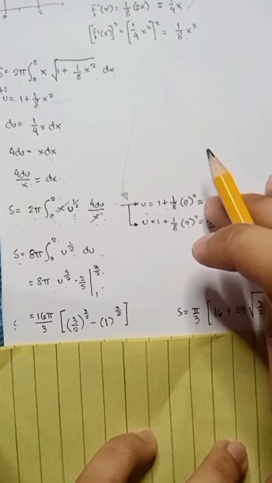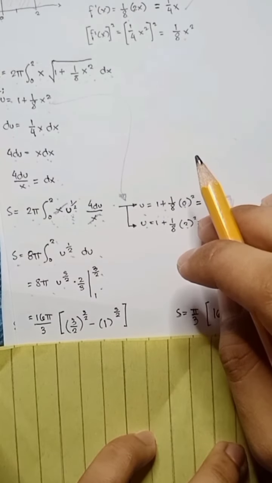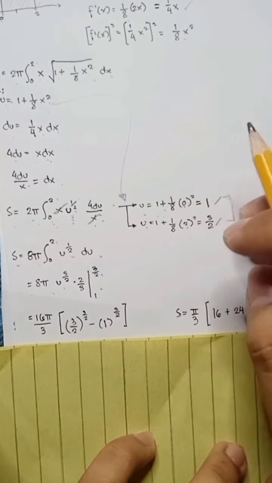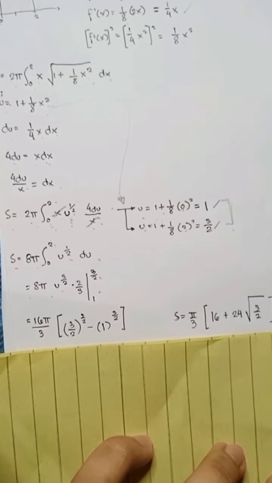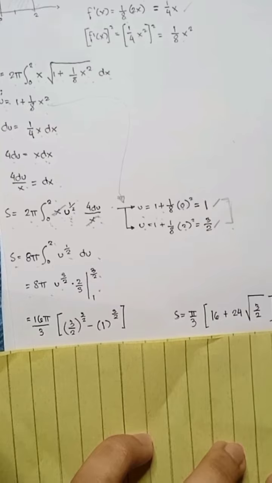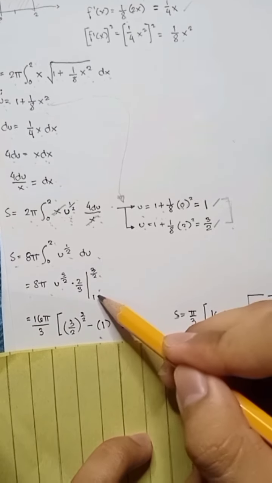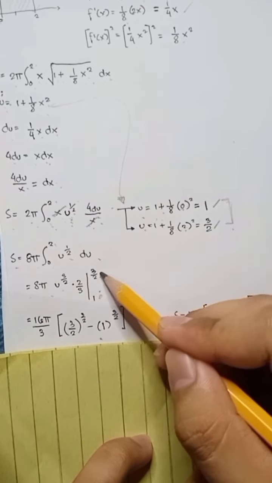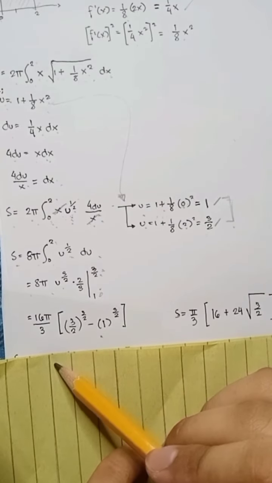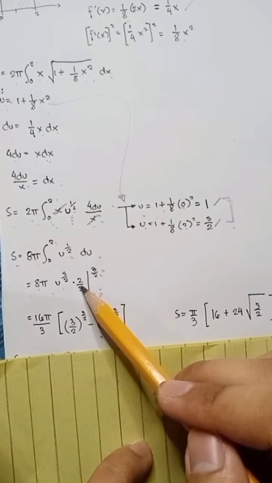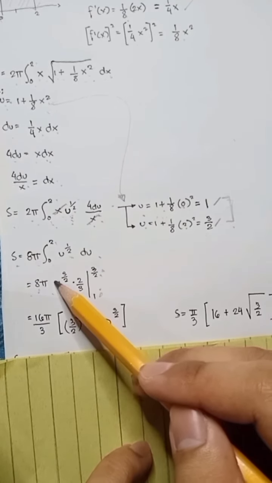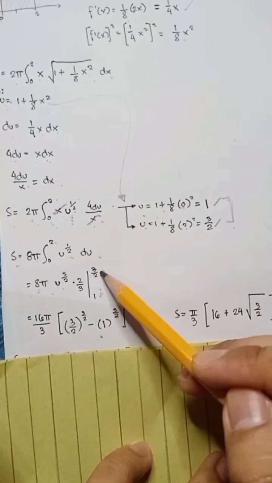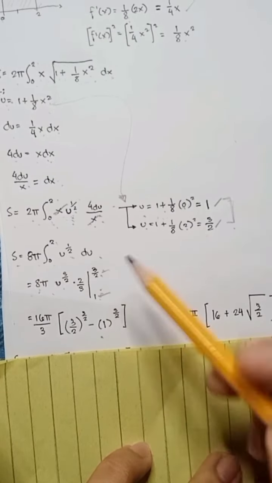Okay, then next, sinubstitute na natin yung value ng u gamit yung values dito sa evaluation. So, dito nilabas natin yung 2/3, tinimes natin siya sa 8 pi. Then, pinalitan na natin yung value ng u dito with these two values.